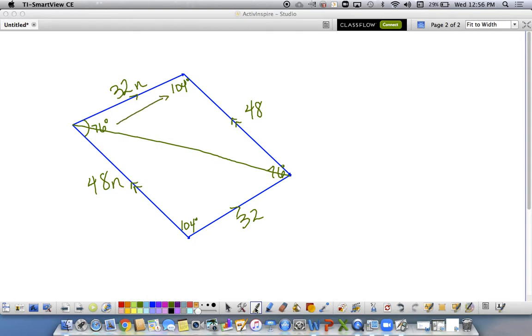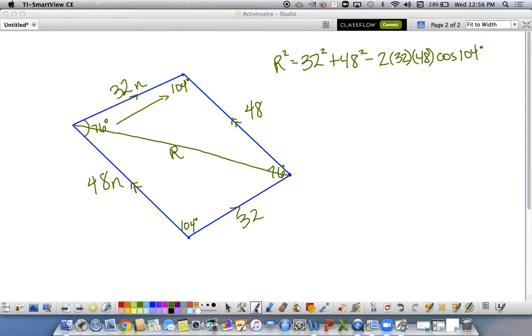So when we want to find the resultant vector, we're going to use the law of cosines every time. So I would say r squared equals 32 squared plus 48 squared minus 2 times 32 times 48 times cosine of the angle that wasn't given to us, but is supplementary to it.